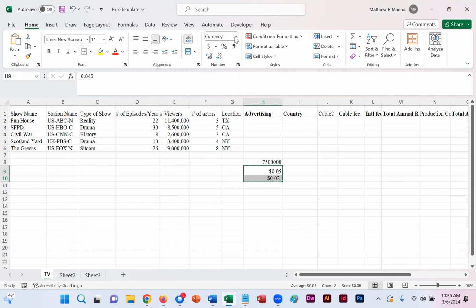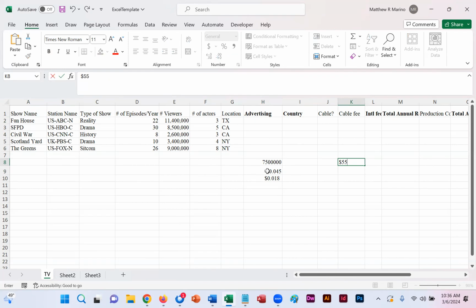And then I'd format them by adding the decimals so they show up correctly. And then for the cable fee, I'd put an assumption of 55,000.